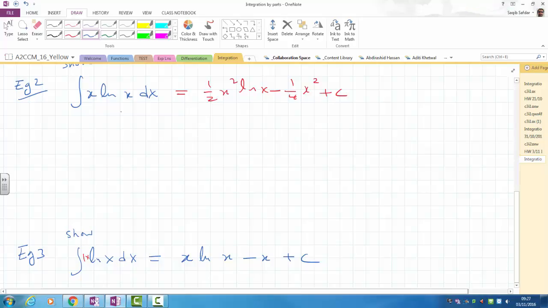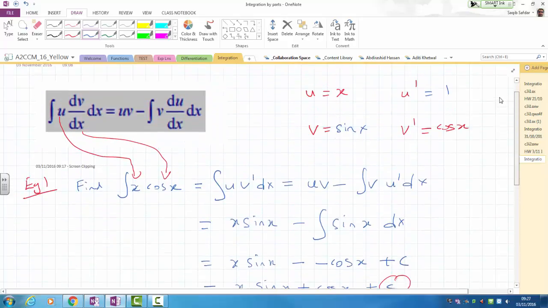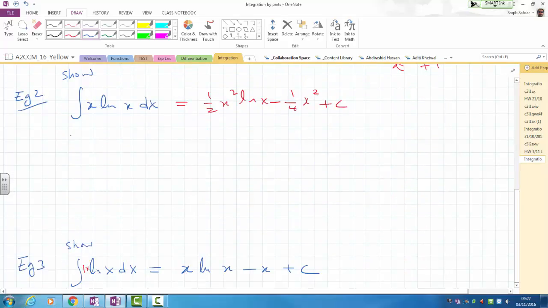Okay, so in order to integrate something like this, if we go back to the formula for integration by parts, you know what you've essentially got is the integral of u v prime dx equals uv take away the integral of v u prime dx. And what we basically want to do is match up the x and ln x with u and v prime.